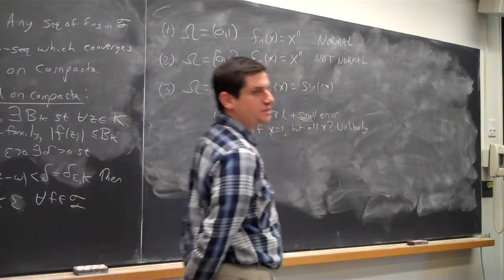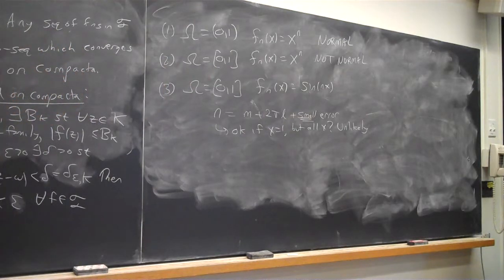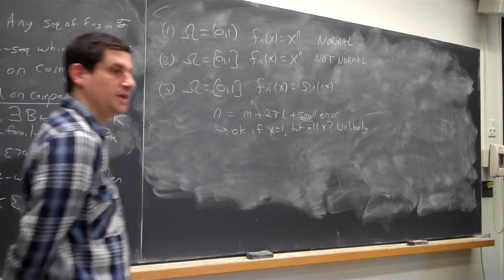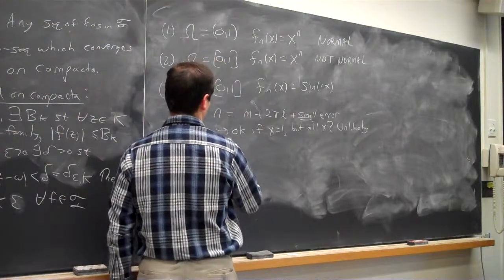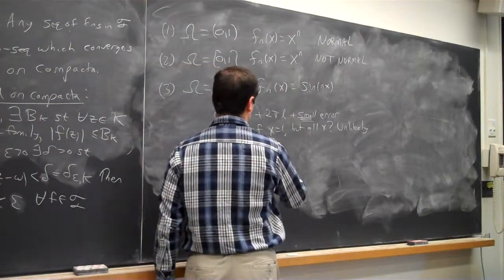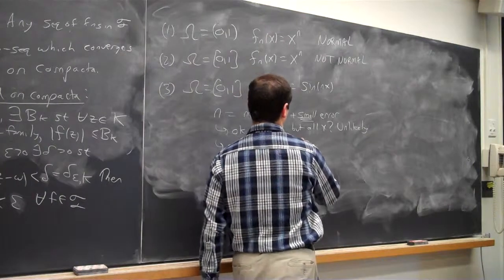So I do not think that this would be a normal set. What nice property, though, would 3 have? So it's not normal, but it's at least uniformly bounded.